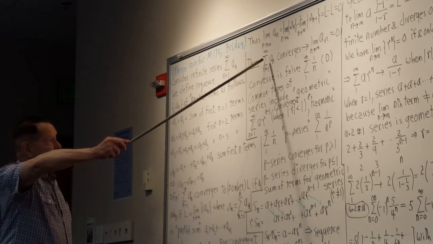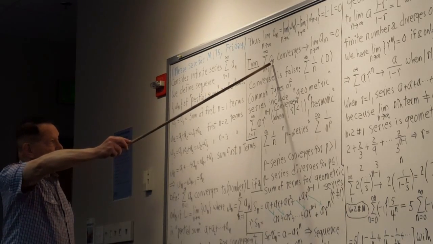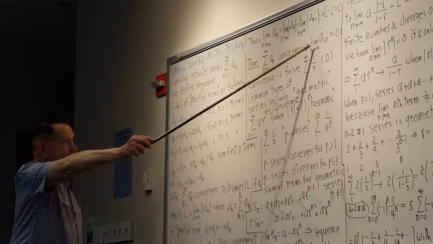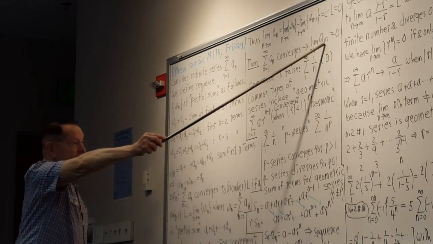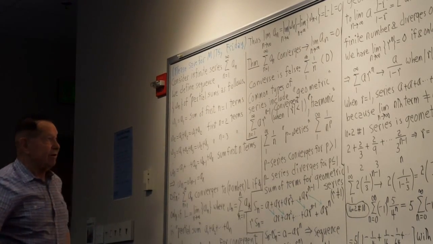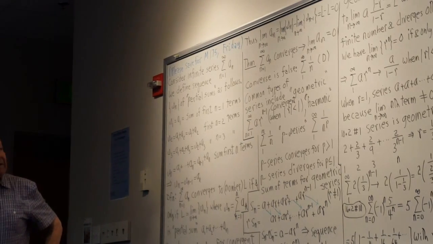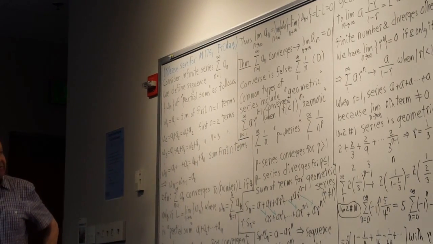And therefore, you get this theorem that if the series converges, then the limit of the general term is 0. And this is important because the converse is false.